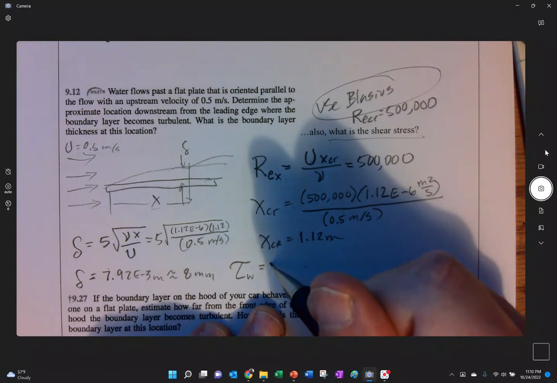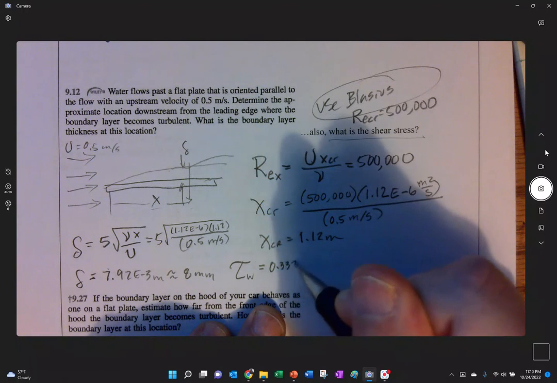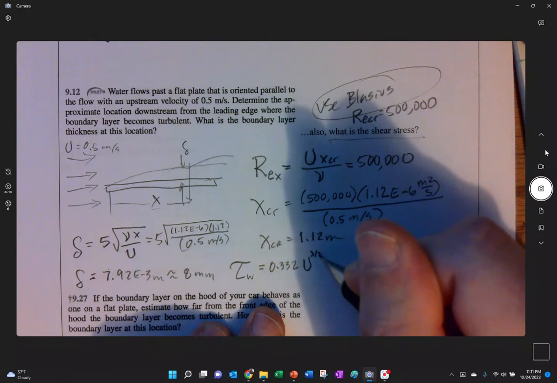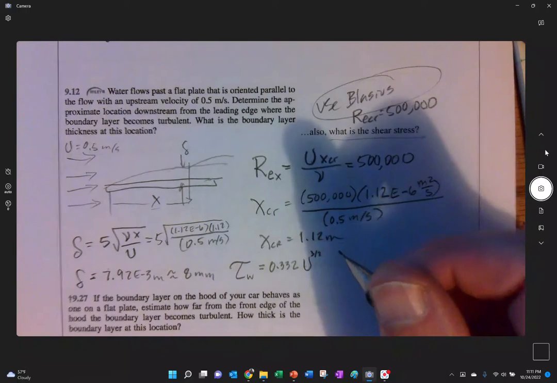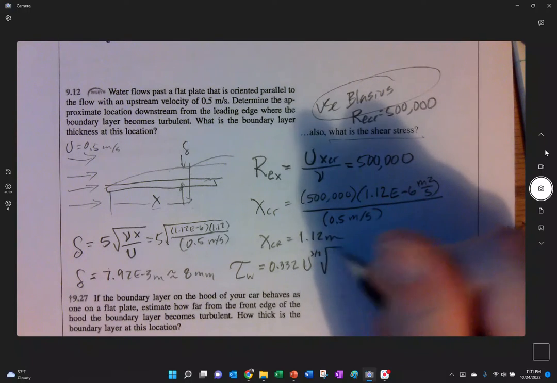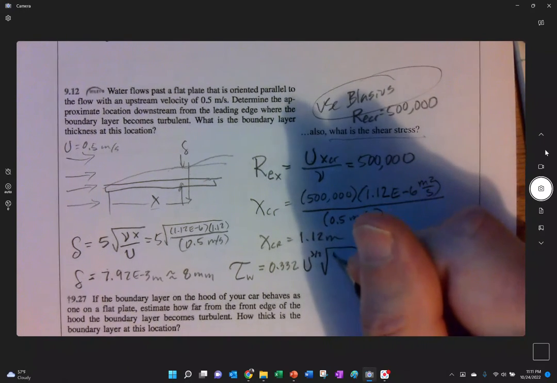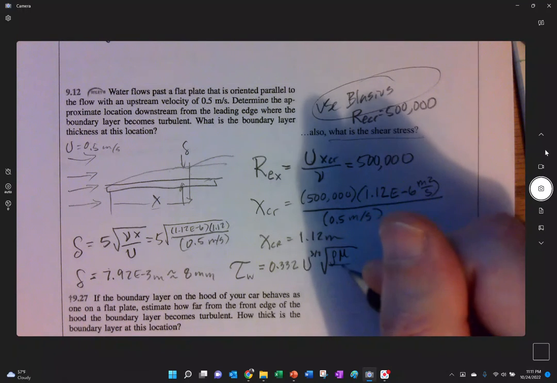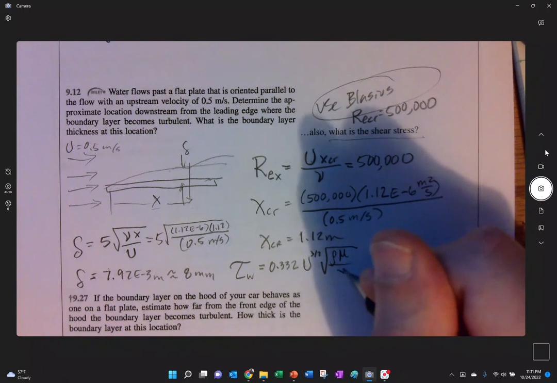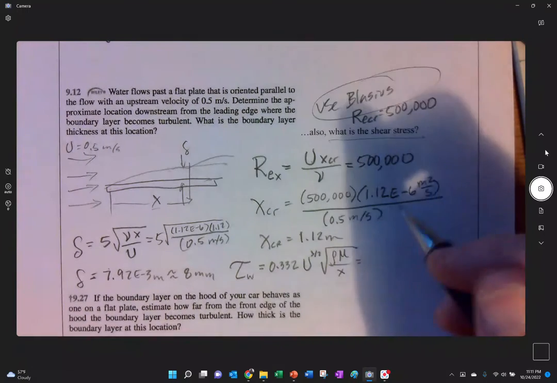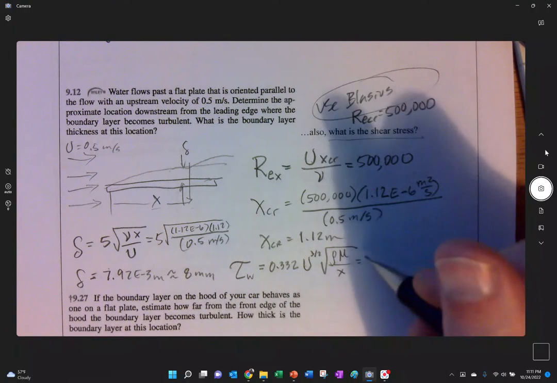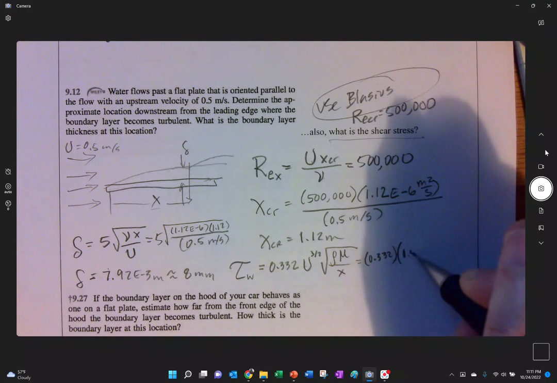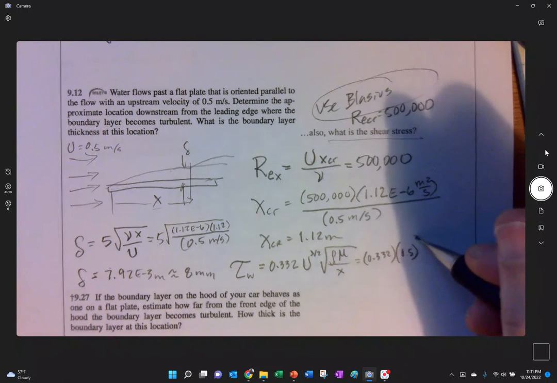And Blasius says that it's going to be 0.332 times the far field velocity raised to the 3/2 times the square root of the density times mu, divided by x, right? So we didn't write down all of these values, but we can get them. 0.332, we have the 0.5 to the 3/2.